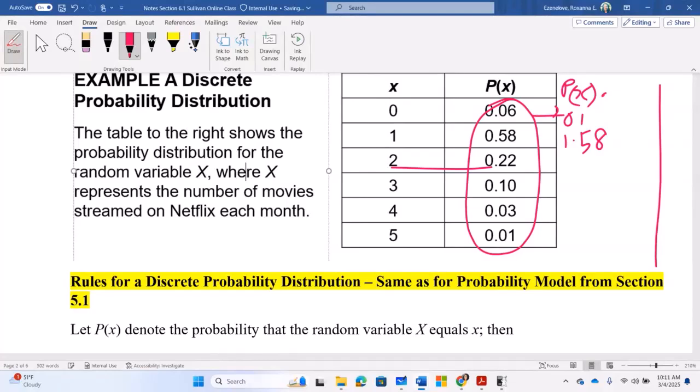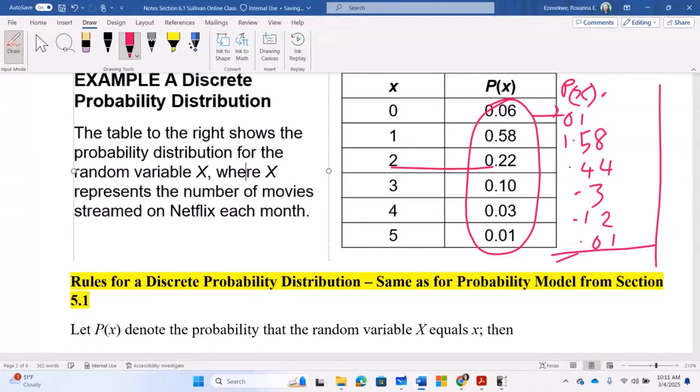What I'm doing is multiplying them. 2 times 0.22 is 0.44. 3 times 0.1 is 0.3. 4 times 0.03 is 0.12. 5 times 0.01 is 0.05.